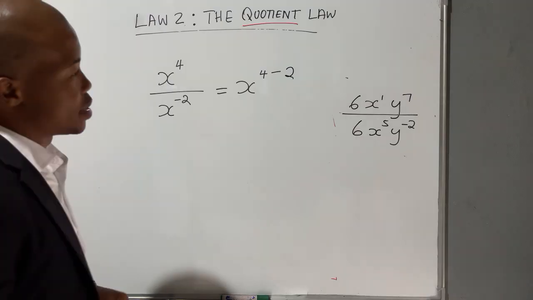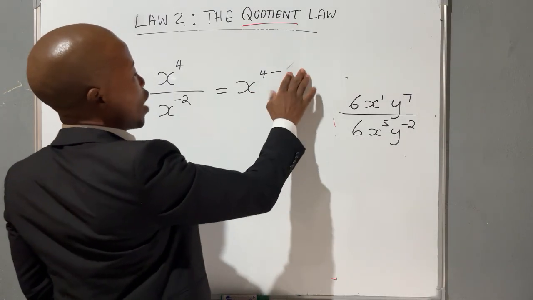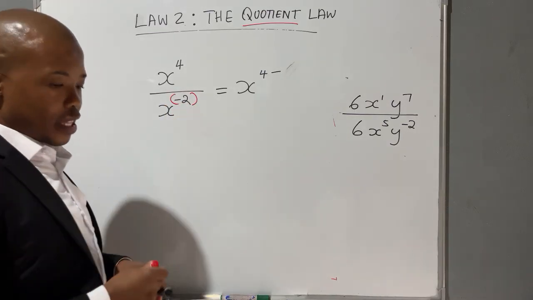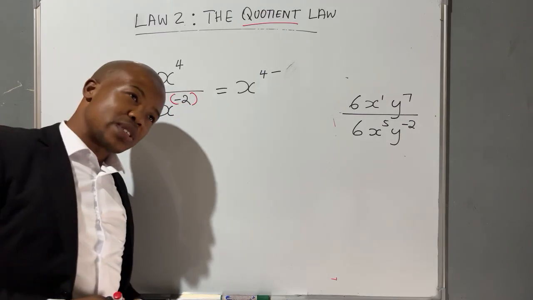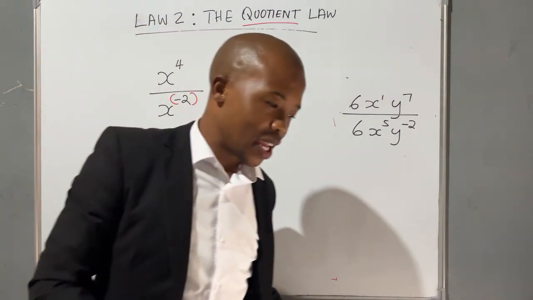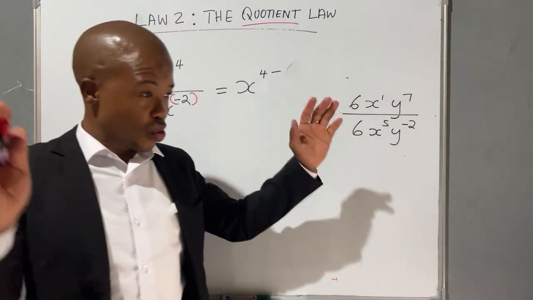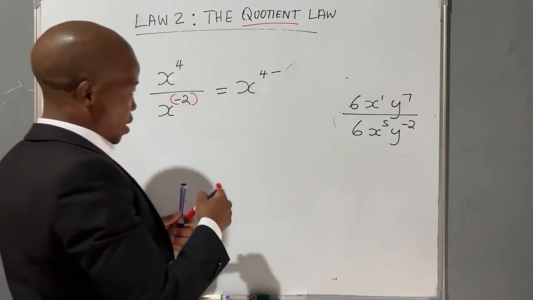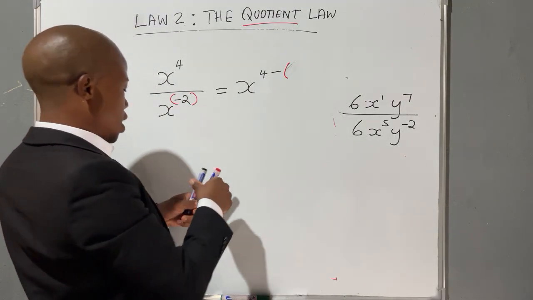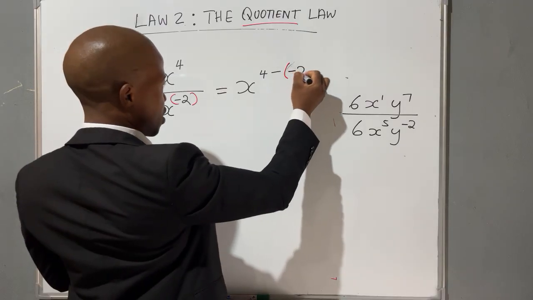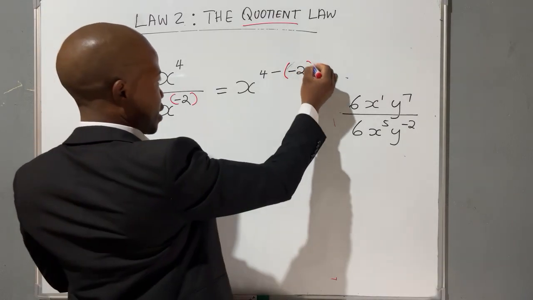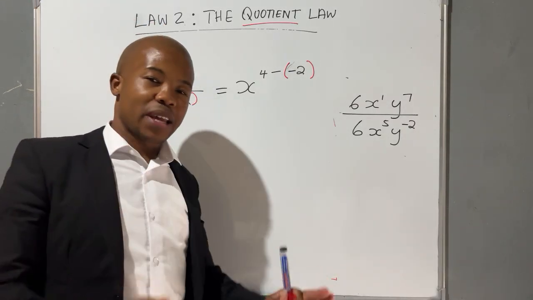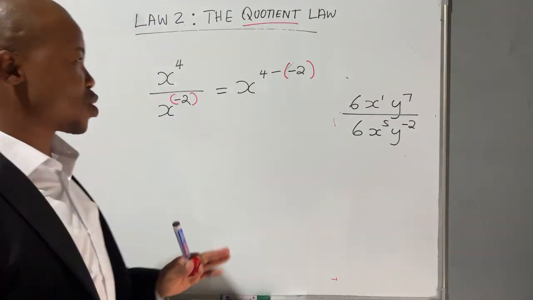This is wrong, because you are subtracting this whole thing. That is why I'm recommending that whenever you're subtracting, whether it's just one thing or 2 things or longer, put it in brackets. I'm always asking this. Please do not forget this. So it becomes negative 2 in brackets, like this. Whenever you're subtracting something, please put it in brackets so that you don't make a mistake. I'm begging you on this one.